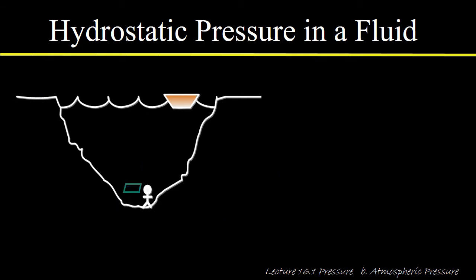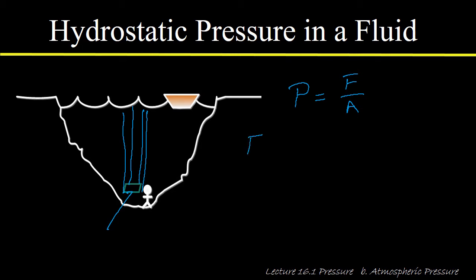All right, so we've got our little guy here, and we've got this rectangle of water. We want to know what the pressure is going to be on that 1 square meter surface here. We can start by just remembering our definitions. The pressure is force divided by area, and the force in this case is from the weight of the water.